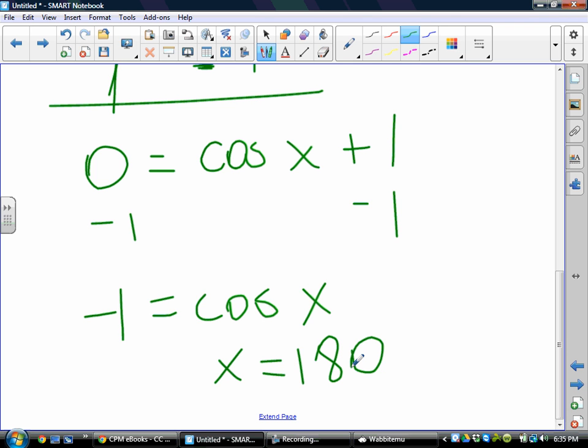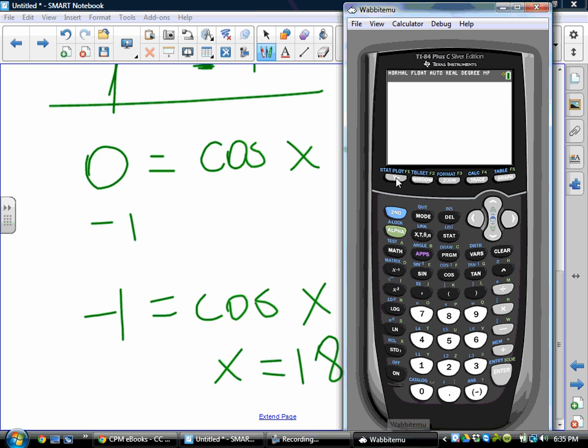Now the third method they ask about is to graph this. In my graph right now, I typed in both equations, y equals -1 and y equals cosine of x. If you graph this with the original window, you're not going to see anything. The cosine of x is really going to be at +1, and your y equals -1 will be where it is normally.